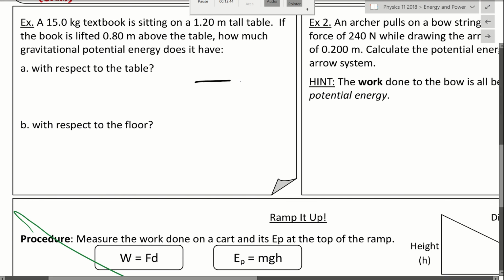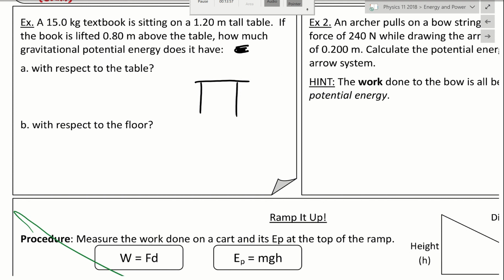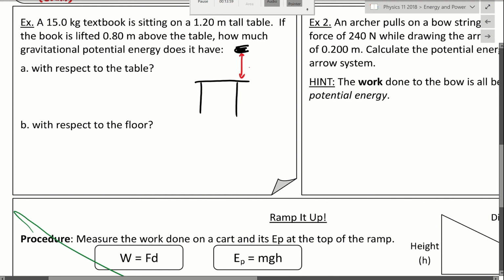So the first example is you have the book here, right now. Originally, it's like here. Okay, so you're lifting it on top of the table. So you are 0.8 meter this way, and the table is 1.2 meters like this. Okay, so if you're doing this with respect to the table, that means you're using the table as height equal to 0.